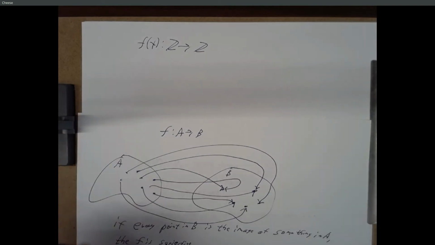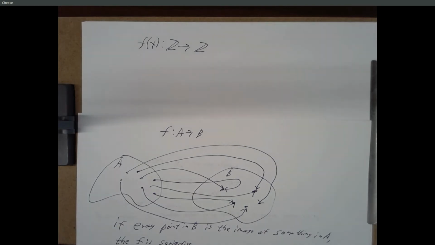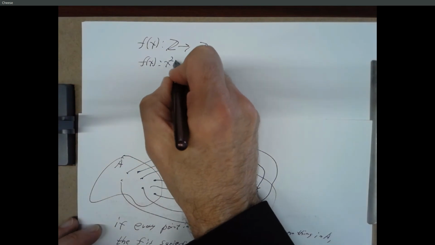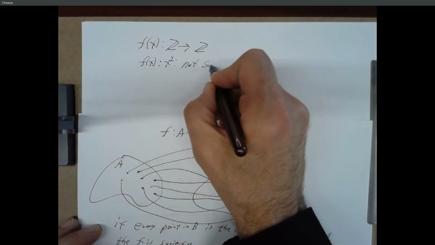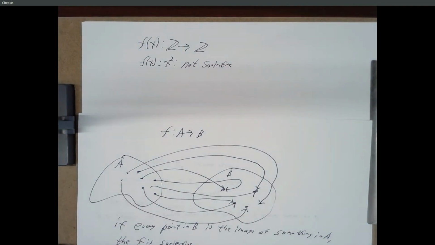If we go from the reals to the positive reals, then this is a surjective function. If we go to all reals, that's again not surjective because there's no real that maps to -1. And if we restrict to the positives, this would be injective but not surjective.